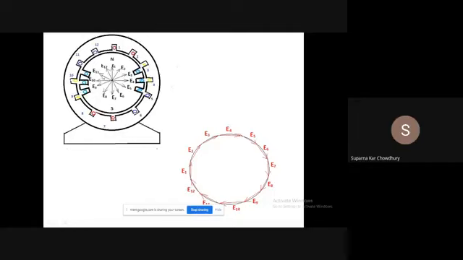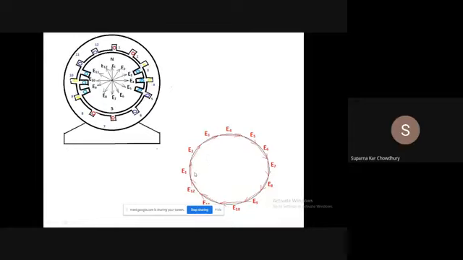So if we draw this EMF in this form, you can see that the summation is 0. The placements are symmetrical, so the summation of these EMFs is 0. So if we draw like this, that is E1, E2, then E3, E4, as the summation is 0, it will make a closed polygon.